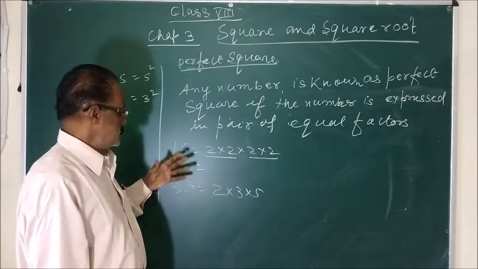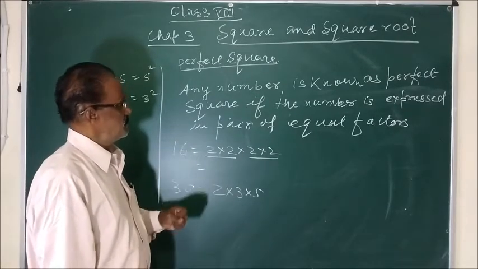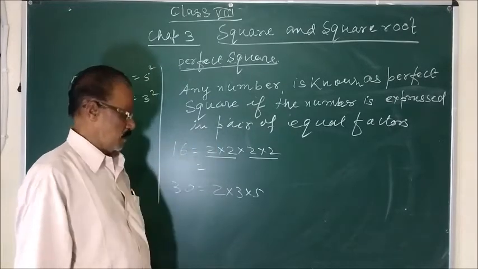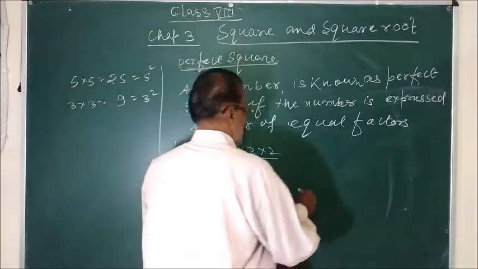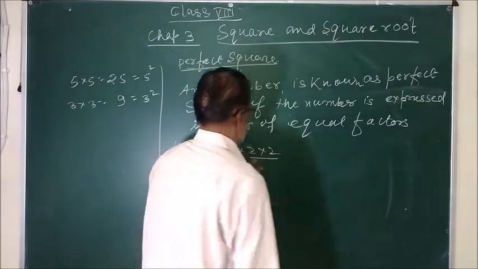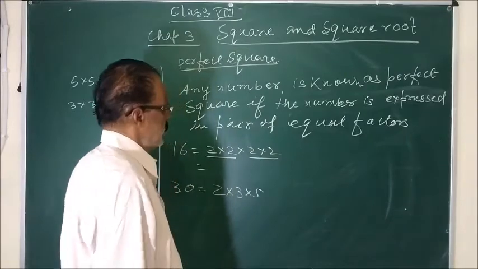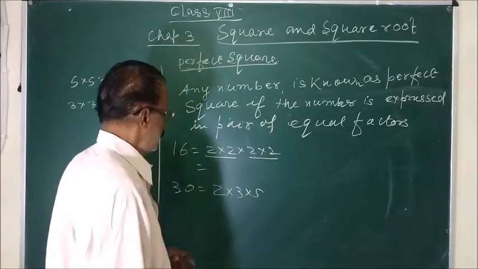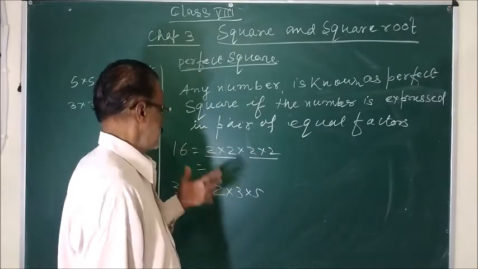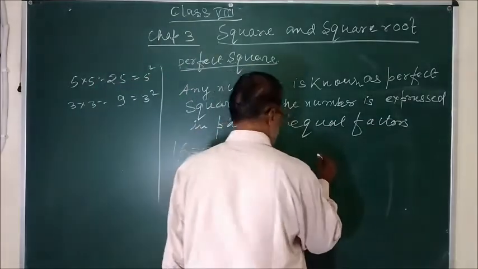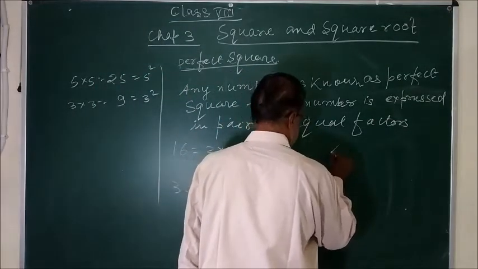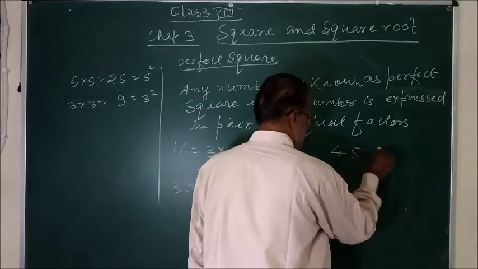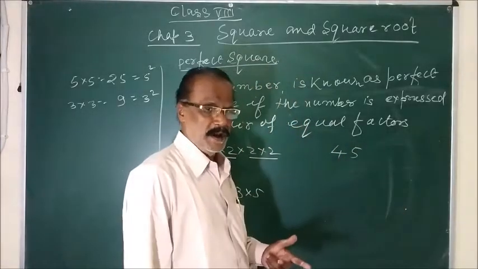Now I suppose you have understood what a perfect square is. A perfect square is that number which is expressed in pairs of equal factors. Many examples, if you have to check. If I say, is 45 a perfect square?